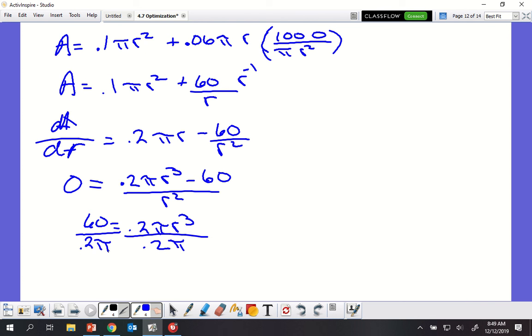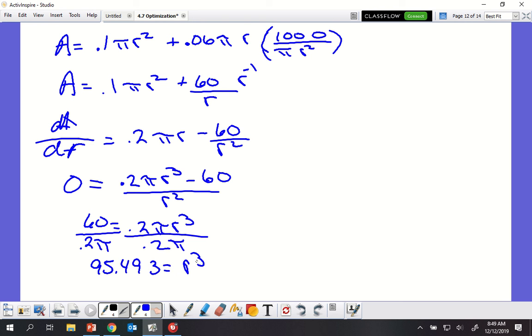Let me redo that. Yeah, it should be 300 over pi, right? 60 over 0.2 times pi. 95.49. So 95.49 is equal to r cubed.